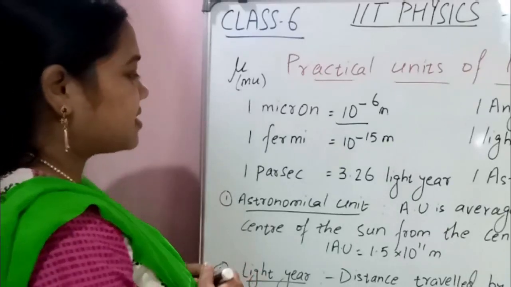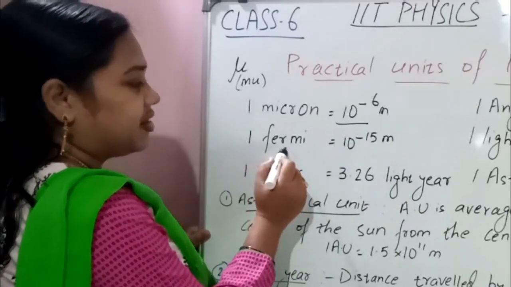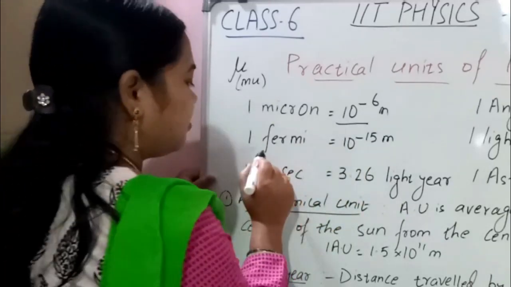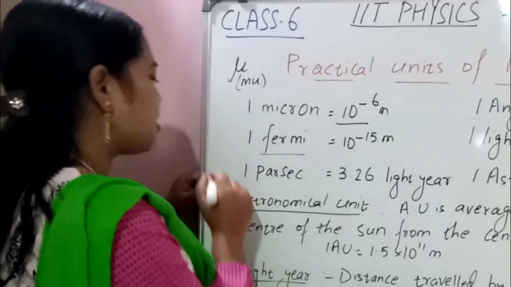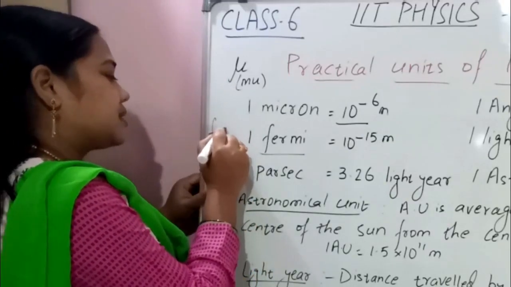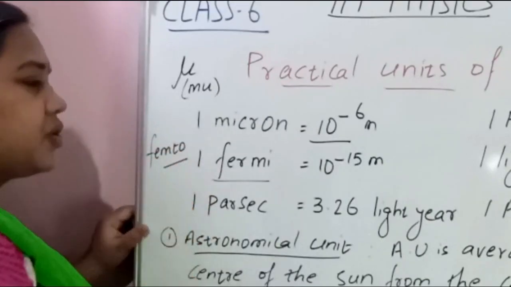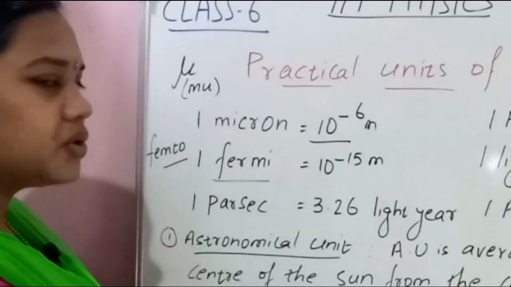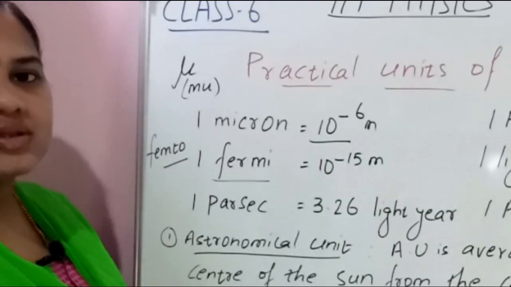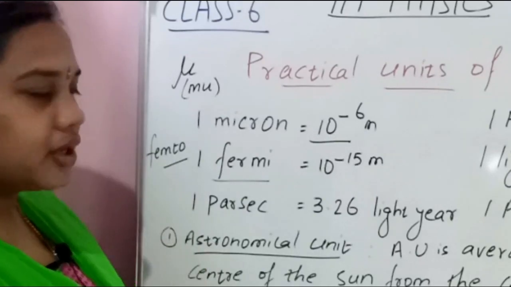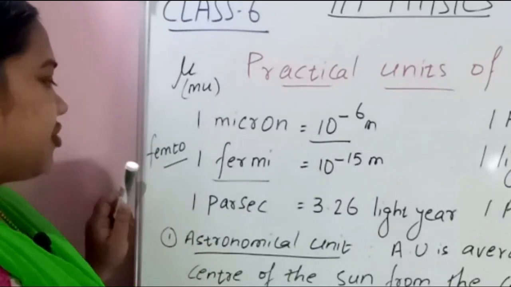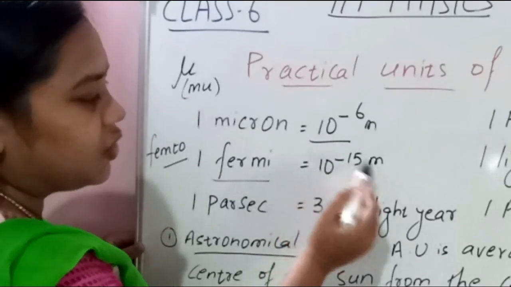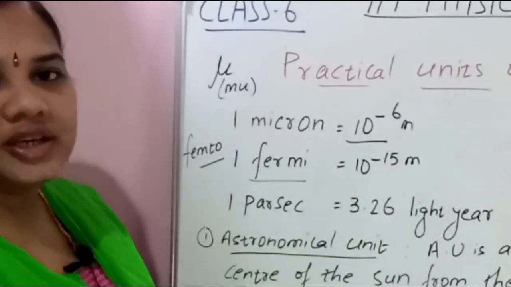Negative power means it's a small unit. Next is Fermi. 1 Fermi is equal to 10 to the power minus 15 meter. Yesterday I said Fermi or femto. Some books give Fermi, some books give femto. Either femto or Fermi, its value is 10 to the power minus 15 meter.